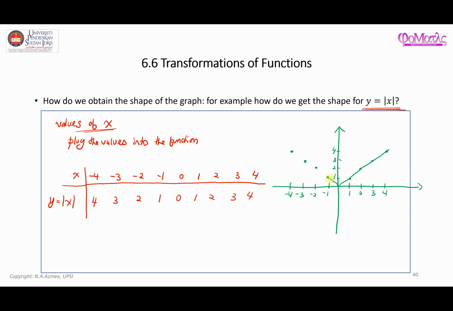And so we connect the dots somewhere like that. So that's how you can get the shape of this function. That would be the starting point if you are totally clueless on how the shape of the function looks like. Alright, I'll stop here and I will see you in the next video.